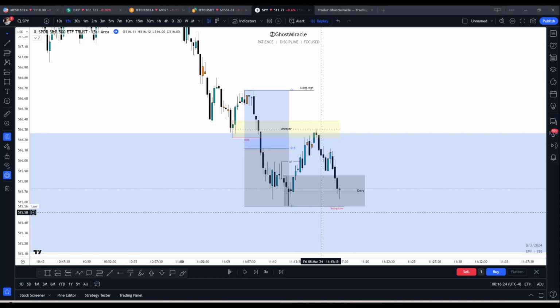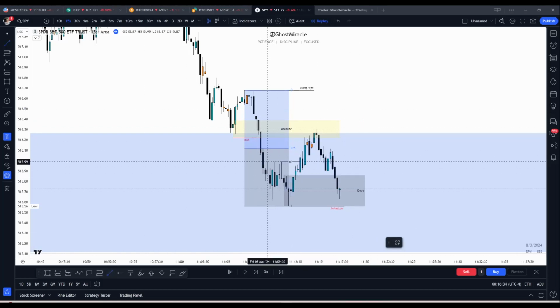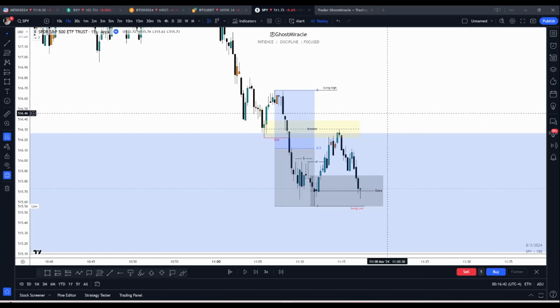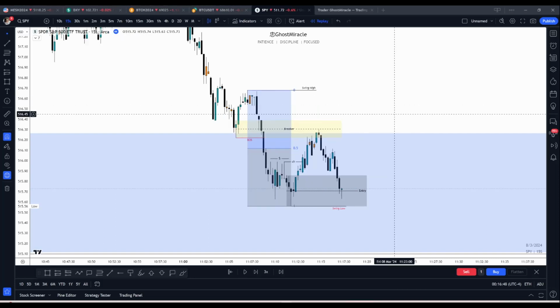So now you have a strong high and then a weak low, and nothing really in between here except for this area, but this area does have that liquidity there. So that's just another thing to be careful about.